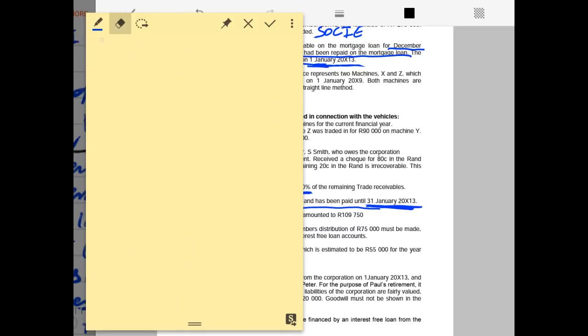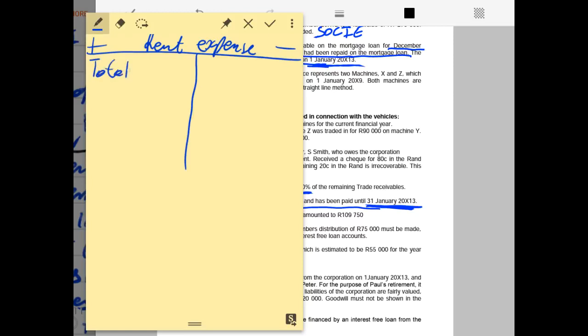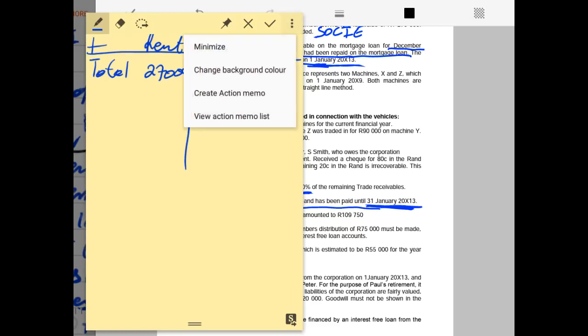In doing the ledger account for rent, we have to do the T account as usual. And we know that expenses increase on the debit side, they decrease on the credit side. And this is rent expense. We start with the total of rent that comes from the trial balance, the one that is 27,000 rands.